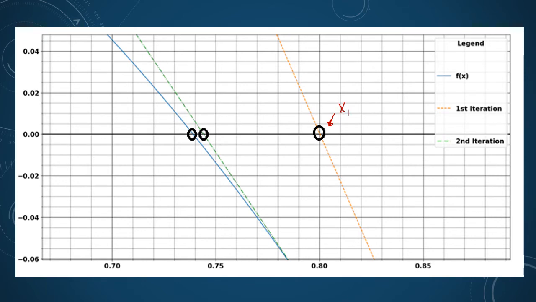And with our x1, we were able to get x2 here. And you notice now it's not exactly close, but it's quite close, considering this is only the second iteration. So this was just to get a better idea of what's going on here.